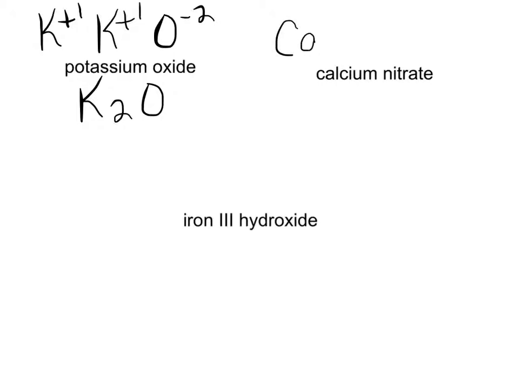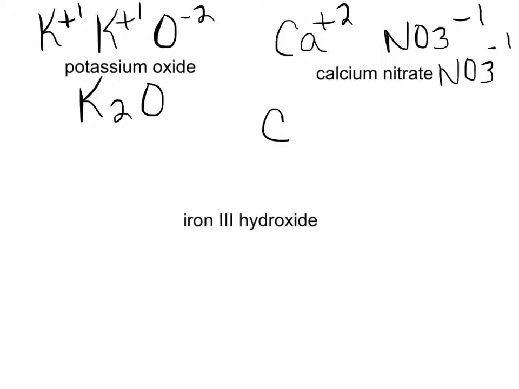Calcium is +2 charge. Nitrate is polyatomic -1. That doesn't cancel, so you need another nitrate. You need another of whichever is your lesser charge overall. And so remember the way we write polyatomics is we do parentheses 2.